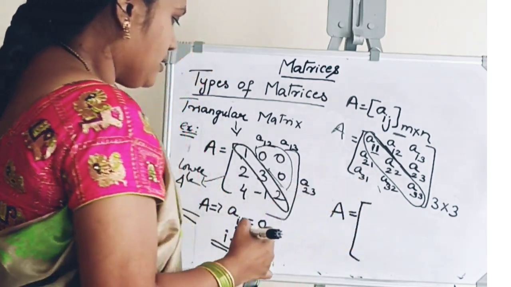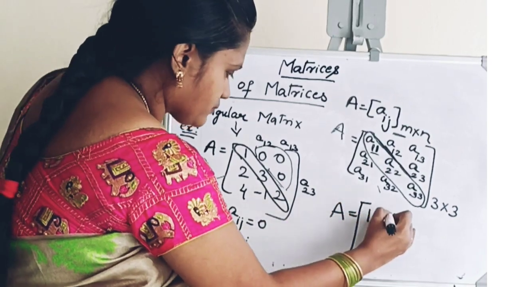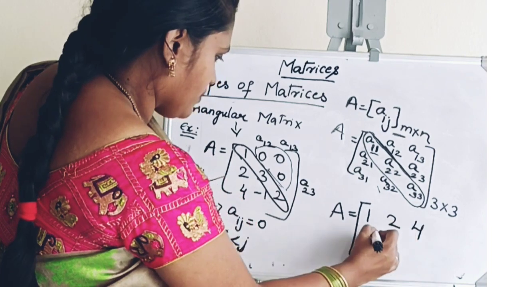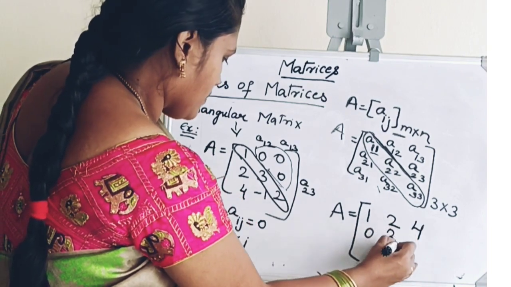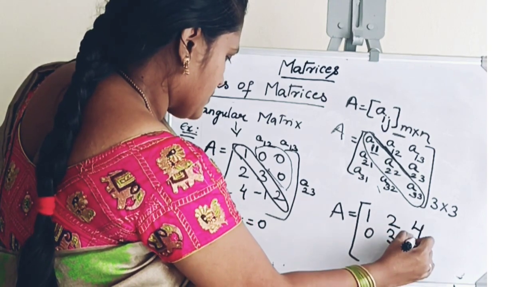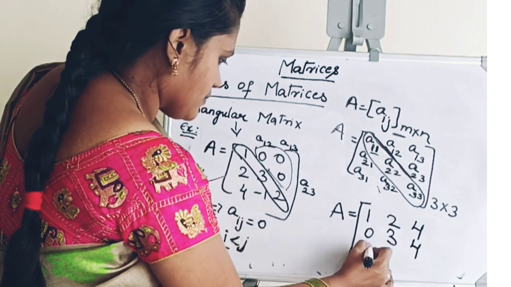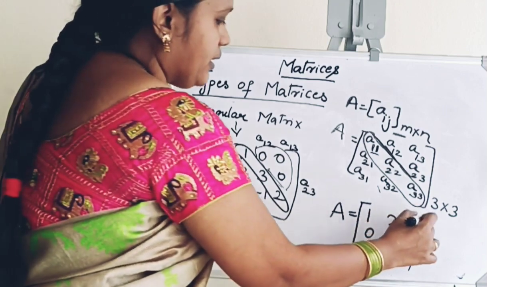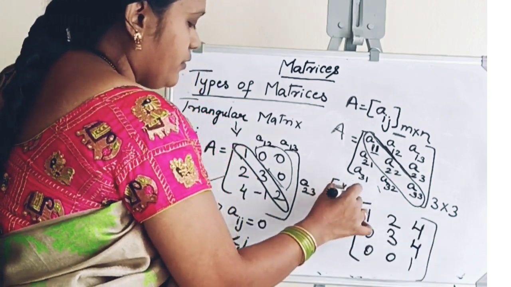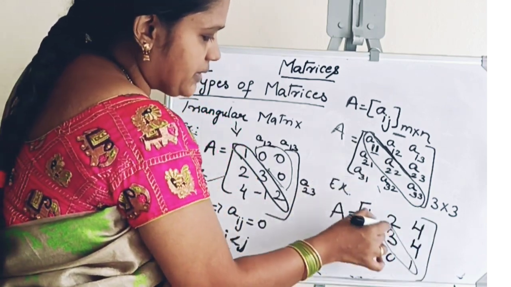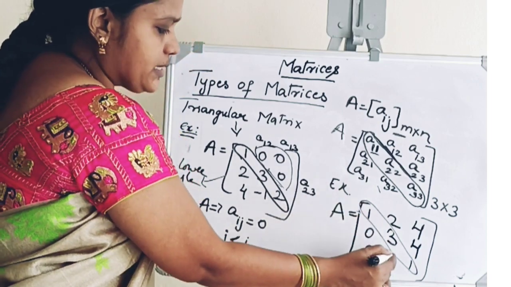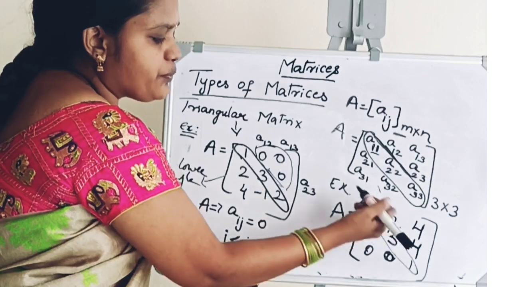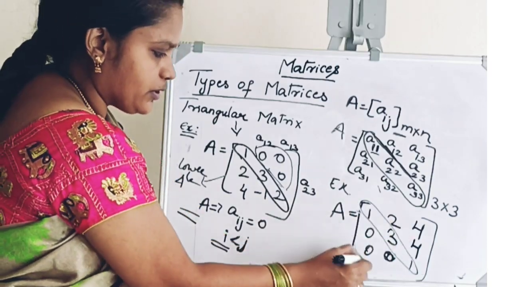If we get a matrix like this, in this example we can see this is the principal diagonal, and the lower section of the triangle, that is the part below the principal diagonal elements in a matrix, is equal to 0.